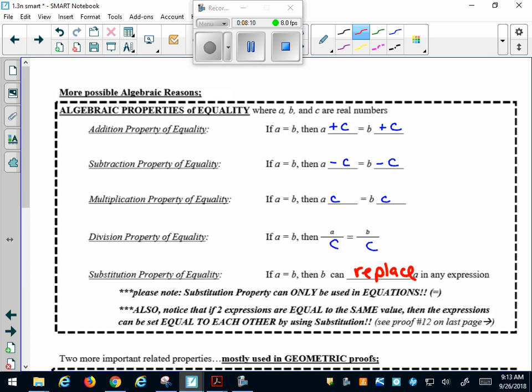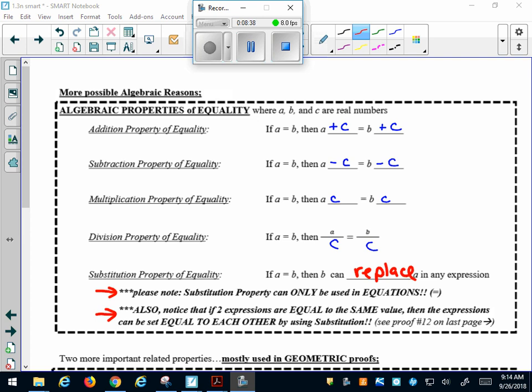Now, there are two very important statements. These two statements are going to make more sense later when we're doing more proofs. I'll mention them now, but we're going to mention them again later. It's important to remember that the substitution property can only be used in equations.